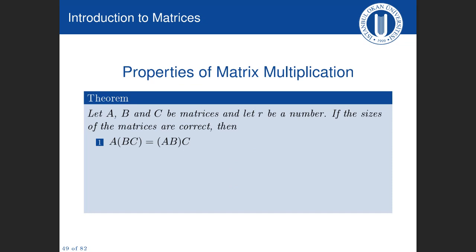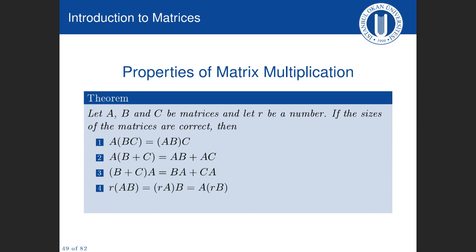Let's go through some properties of matrix multiplication. If we've got 3 matrices and we multiply them together, it doesn't matter which order we do them. It doesn't matter where we put the brackets in. A multiplied by BC is the same as AB multiplied by C. A multiplied by B plus C is the same as AB plus AC. B plus C multiplied by A is the same as BA plus CA.